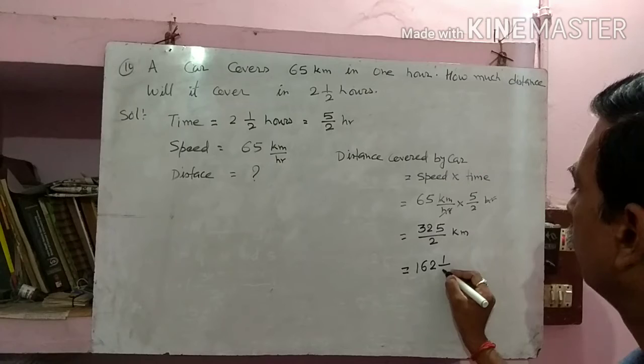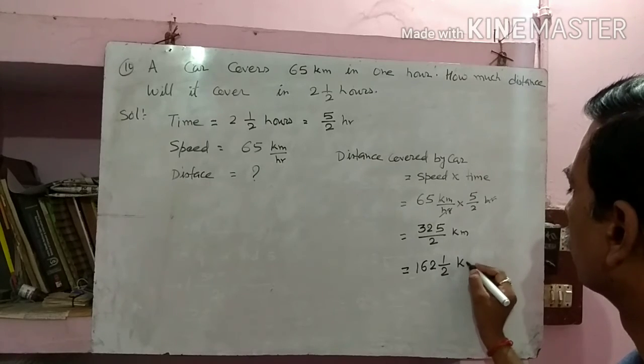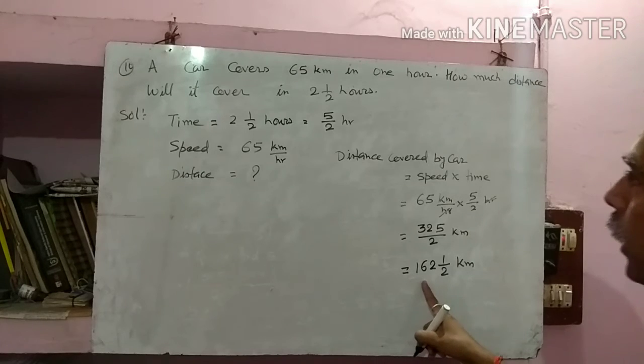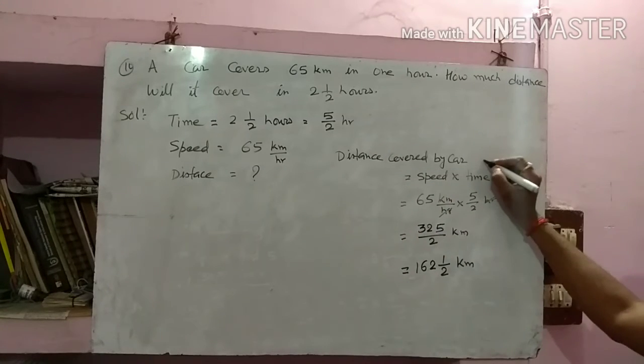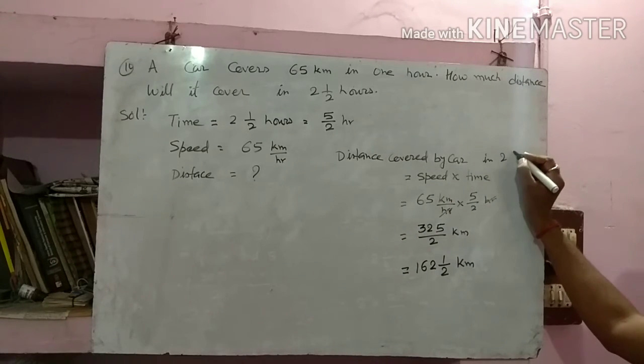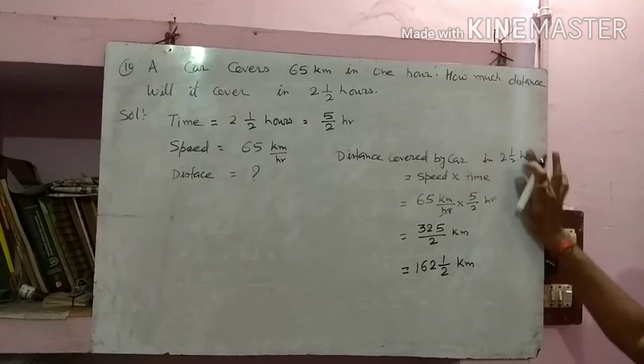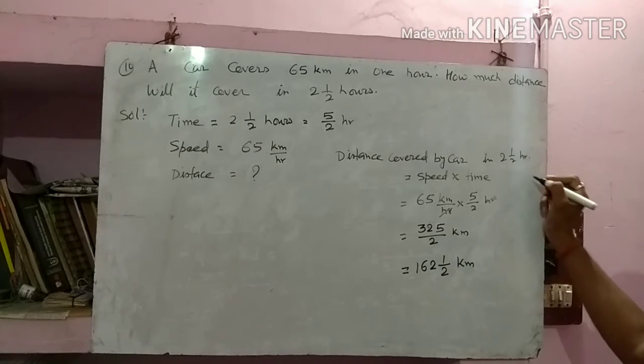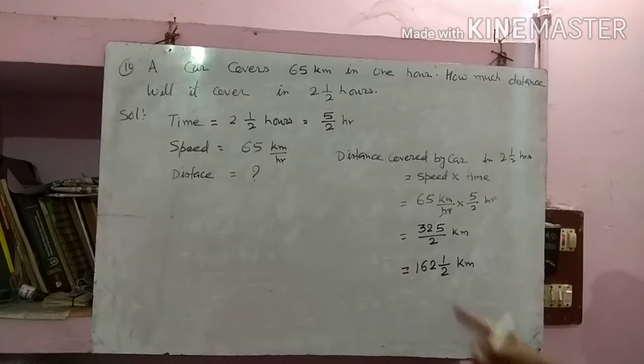Then what remains? 1 by 2 kilometer. Means distance covered by car in 1 1/2 hour is equal to this much. Okay, write this one.